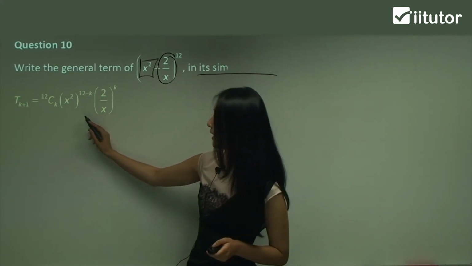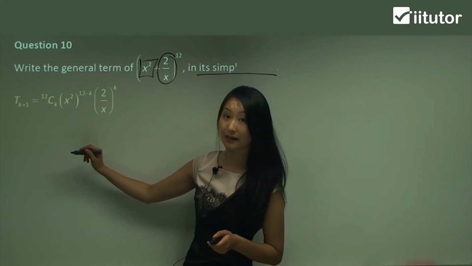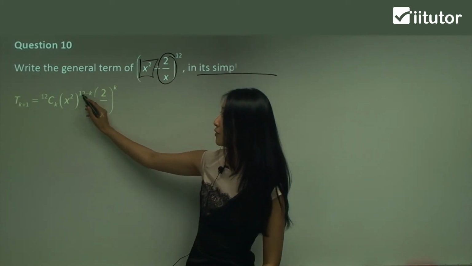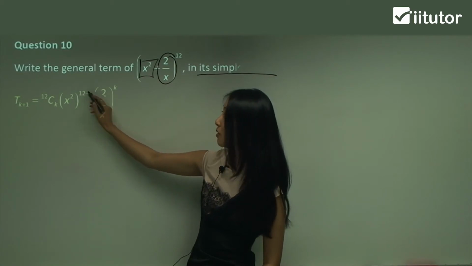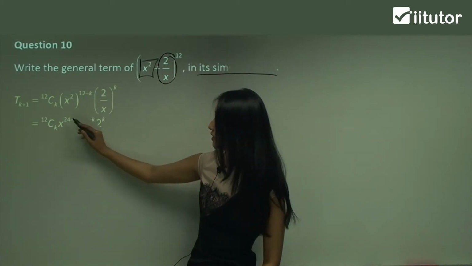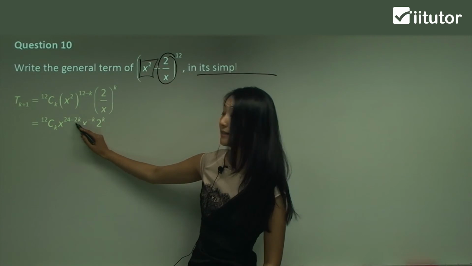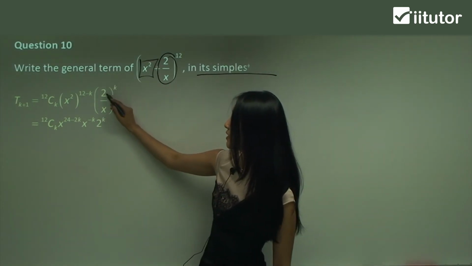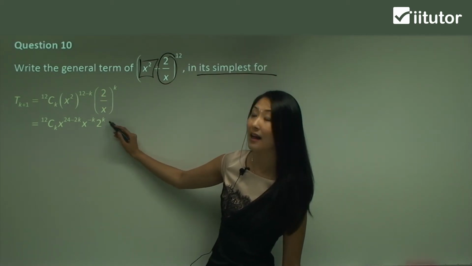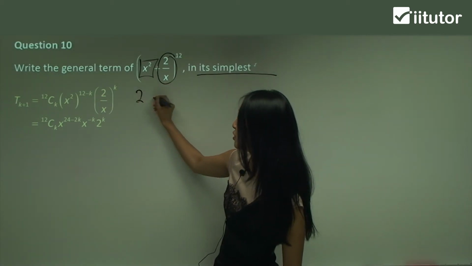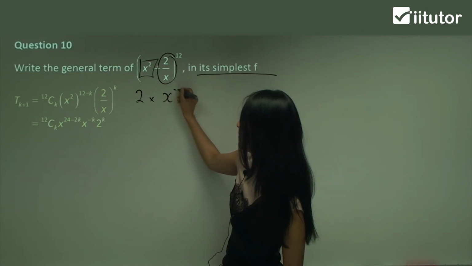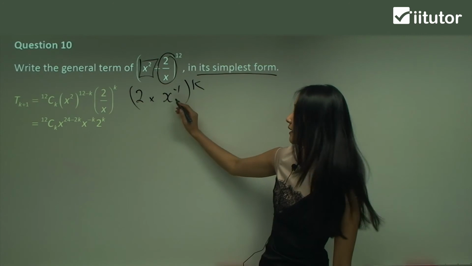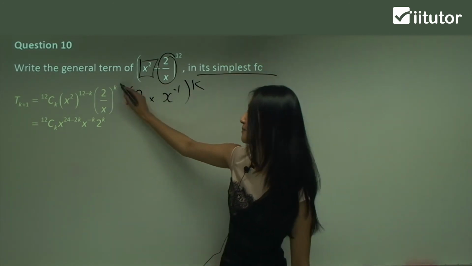Let's simplify first by expanding these brackets. Here we have x squared to the power of 12 minus k, so I can multiply these indices together. So I get x to the power of 24 minus 2k. Whereas here, this is essentially 2 to the power of k, and I've just made that 2 times x to the power of negative 1, the whole thing to the power of k. So here you have x to the power of negative k.